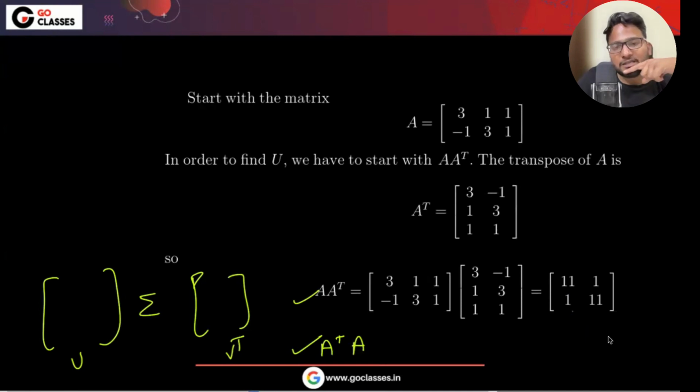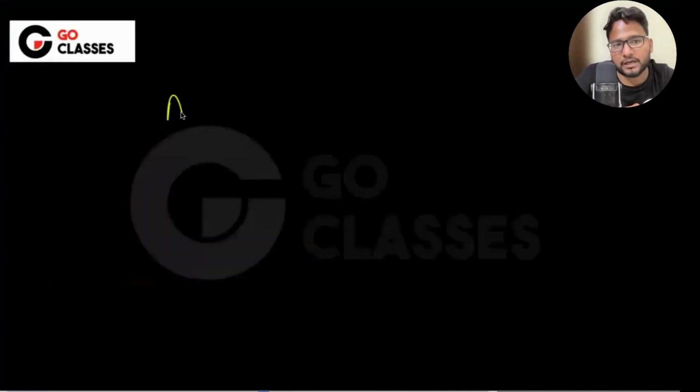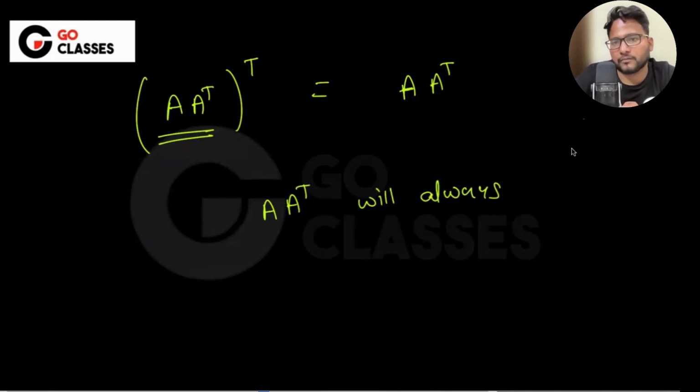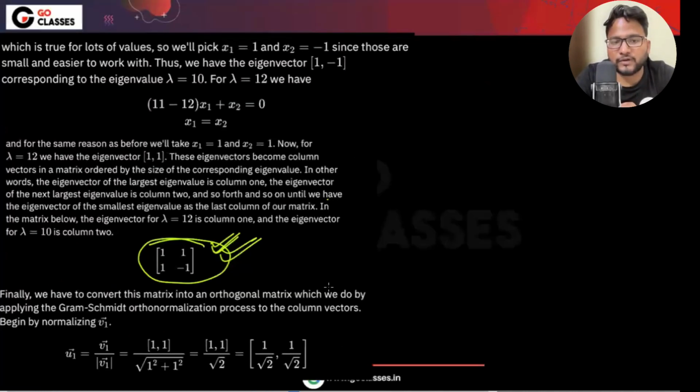Interestingly, will this always be symmetric or not? Tell me, will A A transpose be the same as its own transpose? Always, right? So you can say A A transpose will always be symmetric, right? So the eigenvectors we will be getting here will be perpendicular to each other. So let's verify: are these eigenvectors perpendicular to each other?